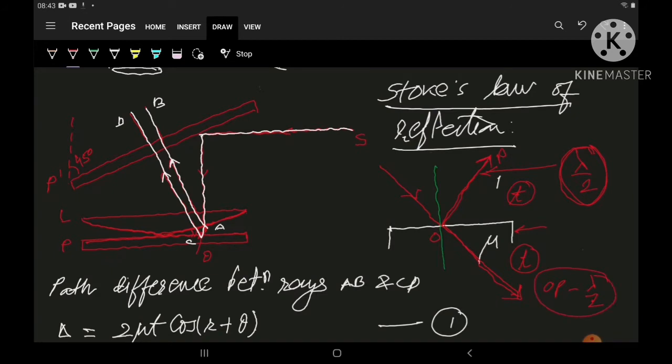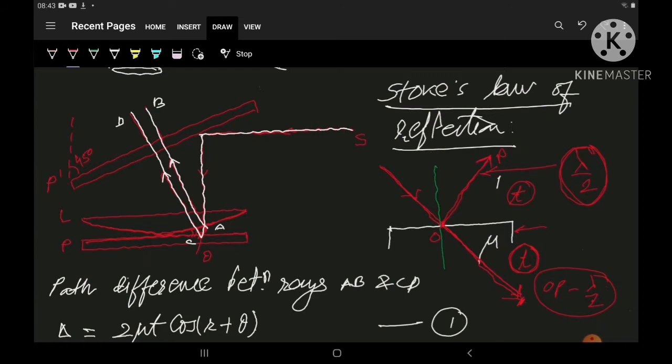Is it clear now? If the light is moving from S in this direction without any reflection, then from point O to this point it will travel a distance that is less than the reflected path by lambda by 2.